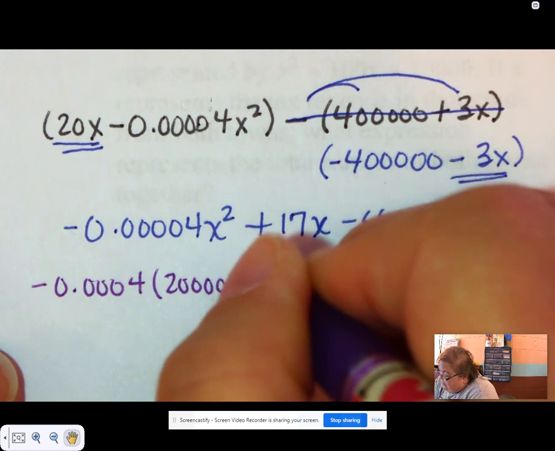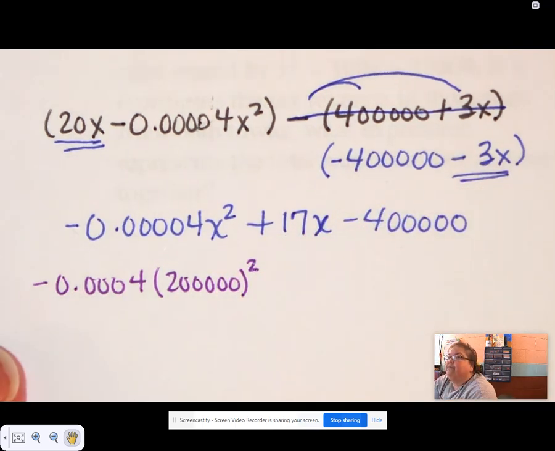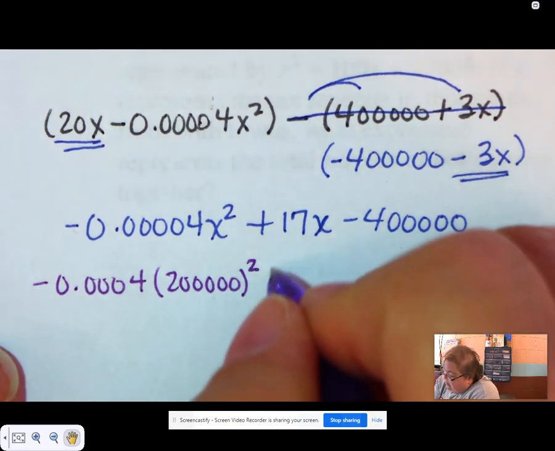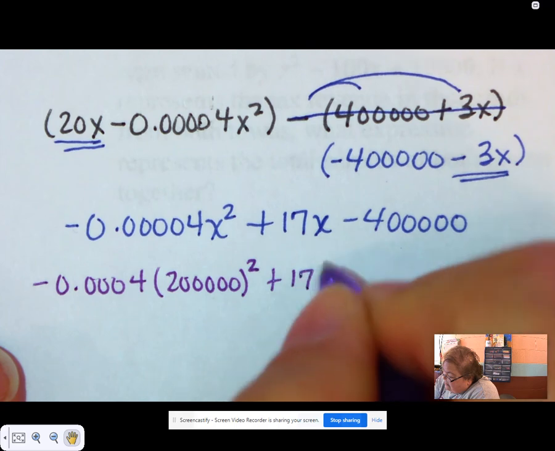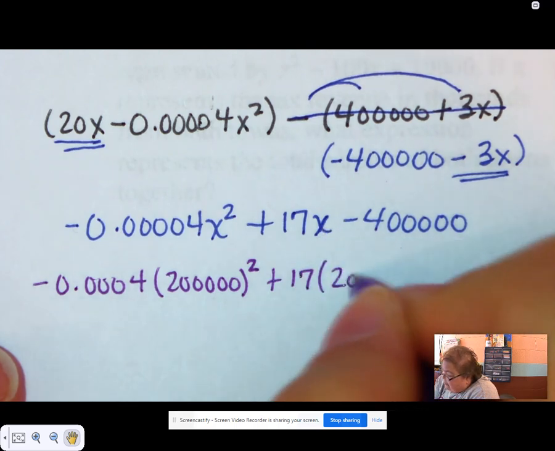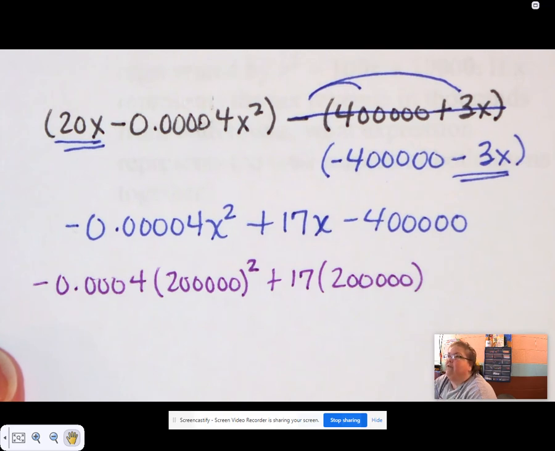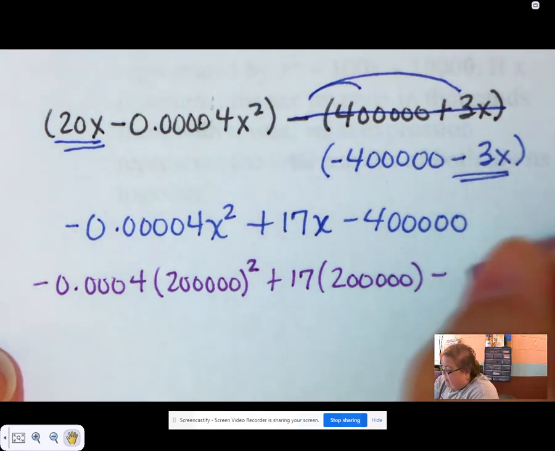In this case, it's squared. So it's x squared. So 200,000 squared plus 17 times x, which is 200,000. So it's going to go in both places. It's going to go everywhere there's an x. You're going to put that 200,000 minus the 400,000.